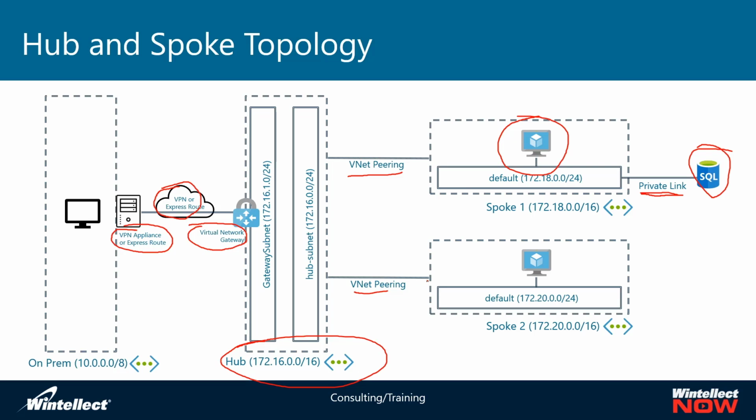The one thing I did not cover, and that's because I didn't have something to set up for this because it's really expensive for a demo, is to set up what we call a transient network for VNet to VNet communication. In this case, if I wanted traffic from Spoke 1 to communicate with Spoke 2, I would have to put something inside of my hub to route that traffic accordingly, because Azure's not going to do that automatically.